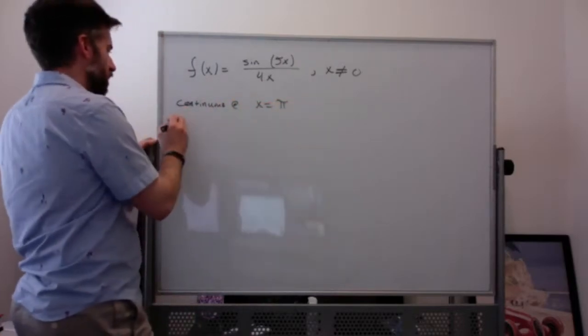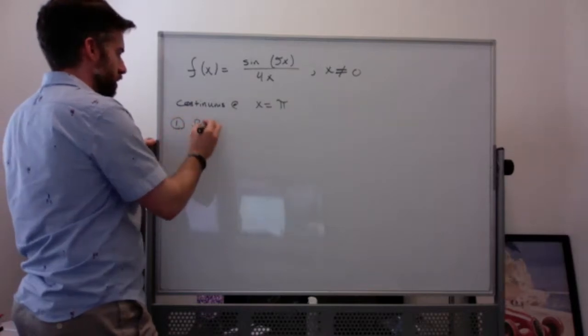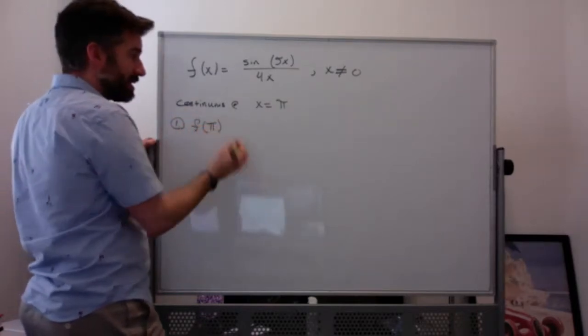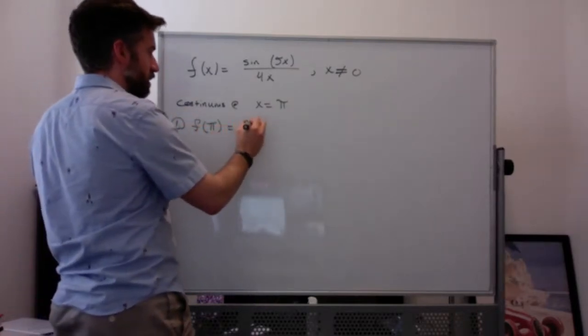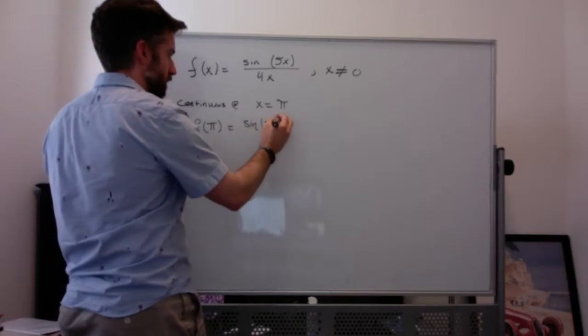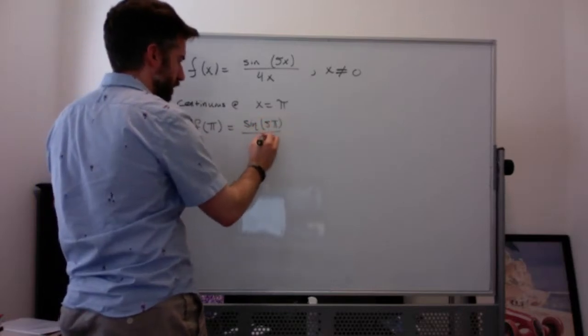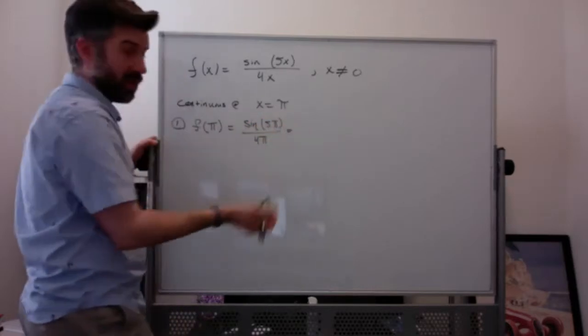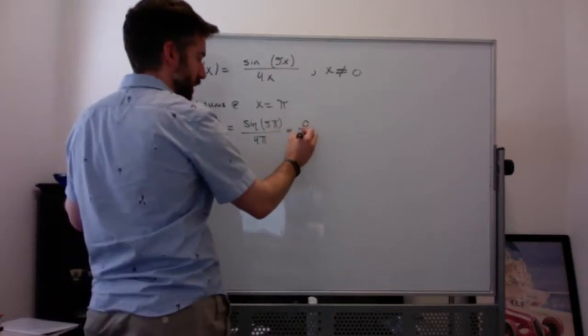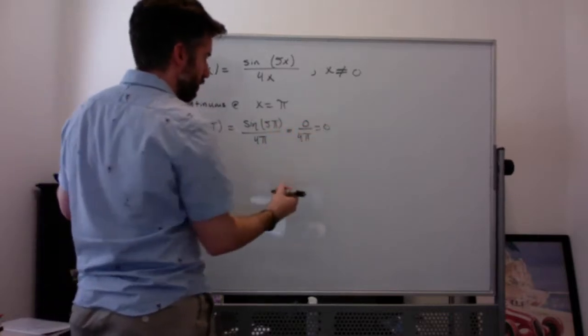Because f of pi exists, right? f of pi is just sine of 5 pi divided by 4 pi. Sine of 5 pi is 0. 0 divided by any non-zero number is just 0.